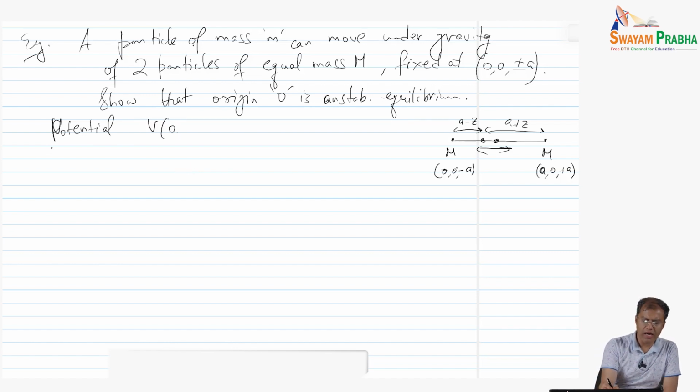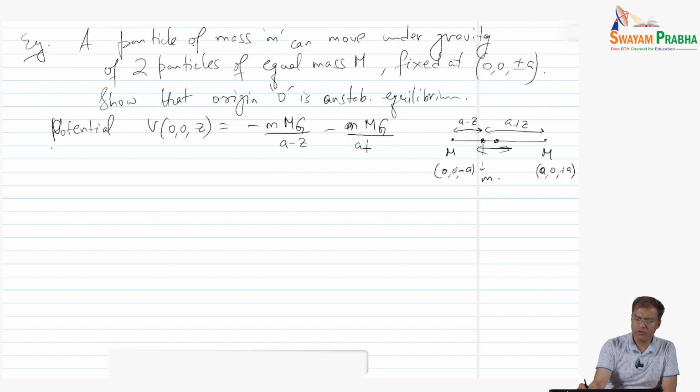The potential V at (0, 0, z), at any given point where this small mass m is, is minus m capital M G, one term with position a minus z and the other with position a plus z.